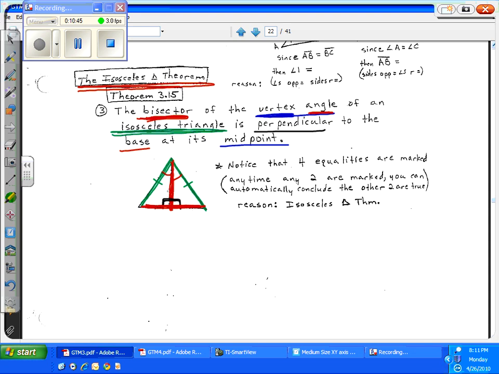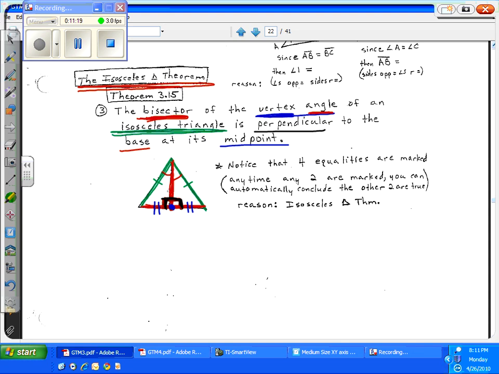So the bisector of the vertex angle of an isosceles triangle is perpendicular to the base. Perpendicular to the base at what? At its midpoint. What's a midpoint? So this must be the midpoint of the base. A midpoint is a point that divides a segment into two equal segments.